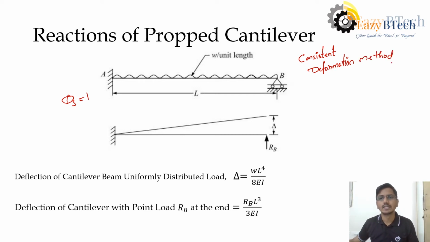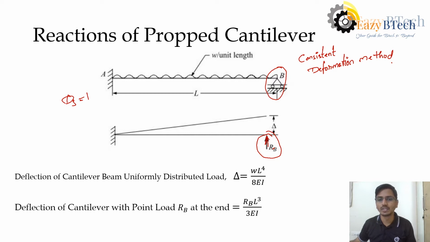So in this consistent deformation method, what we'll do is, we'll replace this support and assume the load is acting here. Whatever the deflection is occurring here is due to this load. We are just replacing this support and we are assuming that a load is acting at that point and will equate the deformation occurring due to this load to the deformation occurring for the beam.